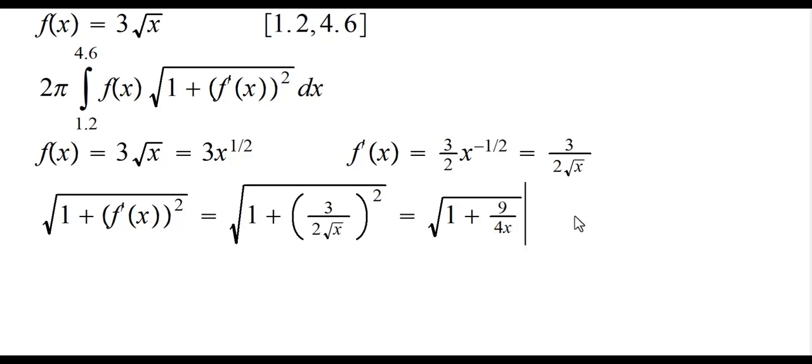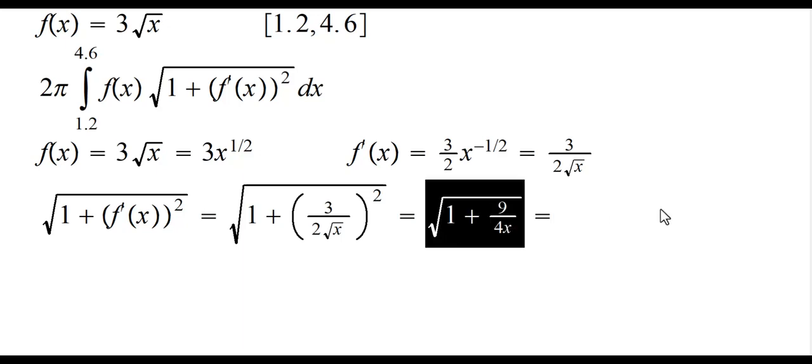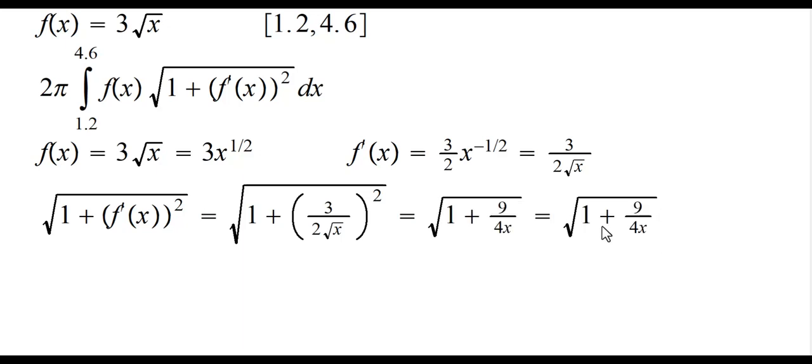Now if you take 4x as common denominator here, then the two will combine to how much? Here you can write that as 4x over 4x. I'm taking you back to baby algebra, right? Okay, sorry, this would be square root of 4x plus 9 over 4x, square root of actually. Okay, so square root of 4x.